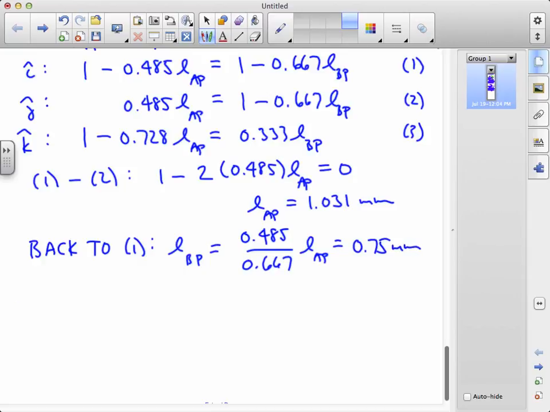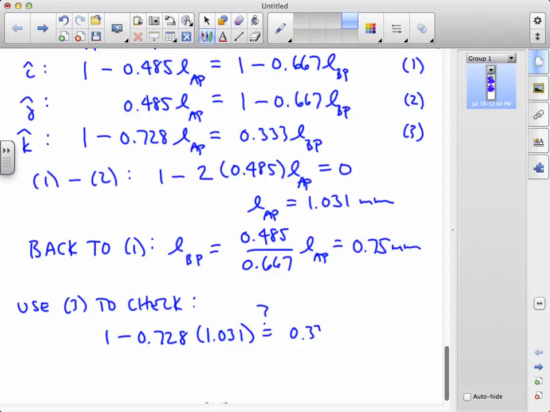And just as a check, I can go back to my 3rd equation and ask, is 1 minus 0.728 times the length of AP, is that really equal to 0.333 times the length of BP? And in fact, it turns out that both of those sides are equal to 0.25, so I have a self-consistent solution here.